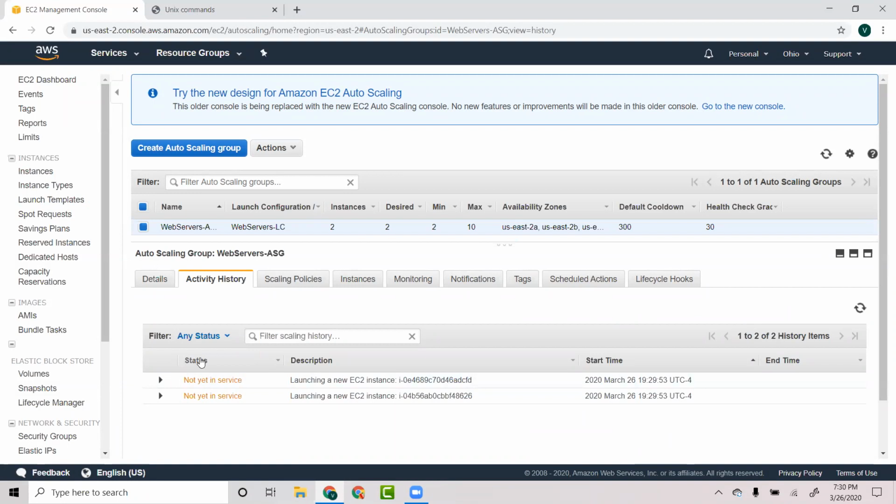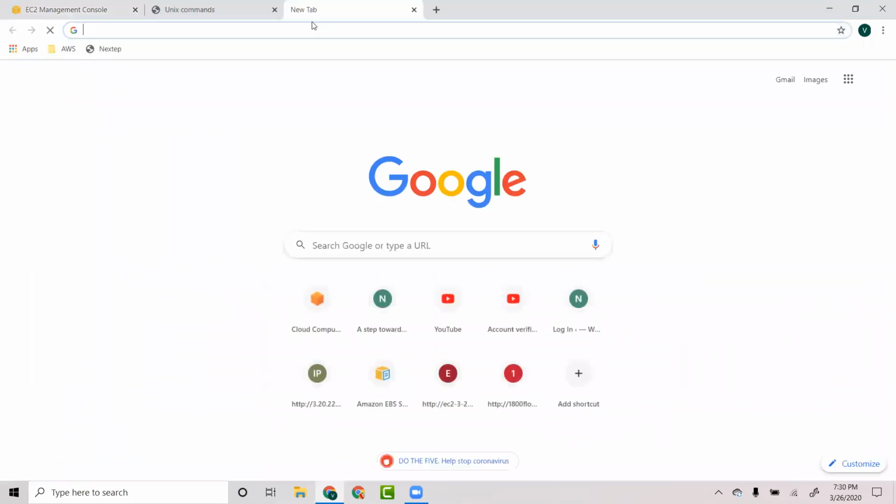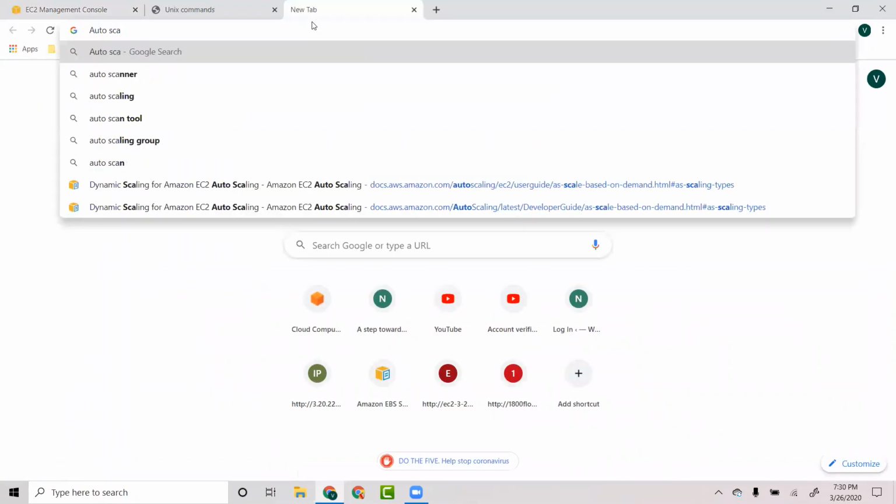Make sense? We looked at the simple policy and we looked at the complicated policy now.